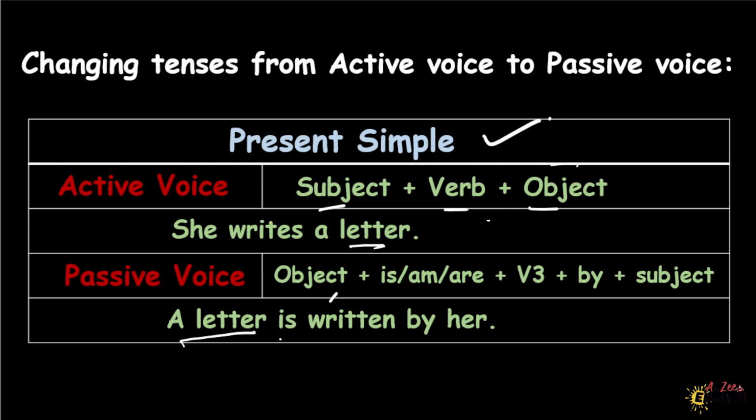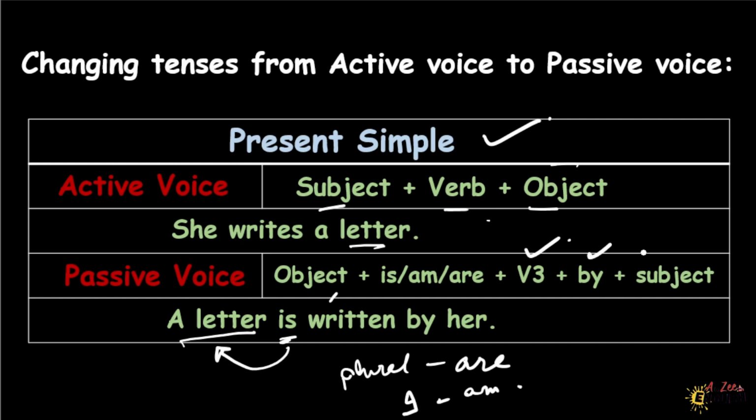Then we use is. It depends upon the object. If the object is singular, we use is. If the object is plural, we use the word are, and we use am with I. Then next is the third form of verb, by, and subject.